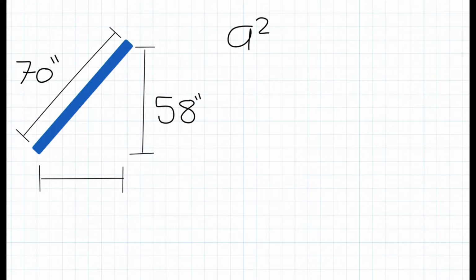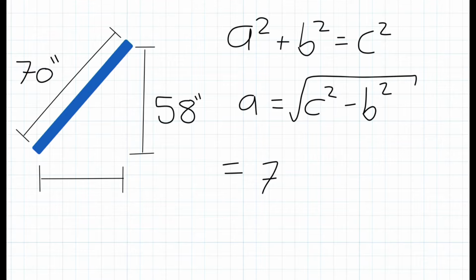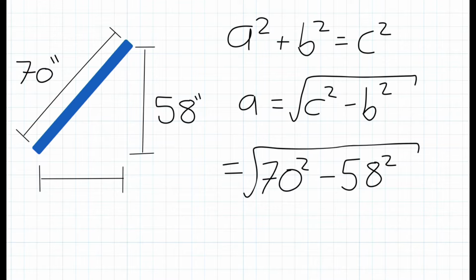That says that a squared plus b squared equals c squared. And if we are trying to find a, because we have c and b, we can rearrange this and say a equals the square root of c squared minus b squared. So that's how we get 39.2 inches.